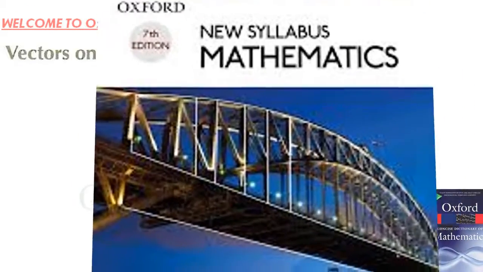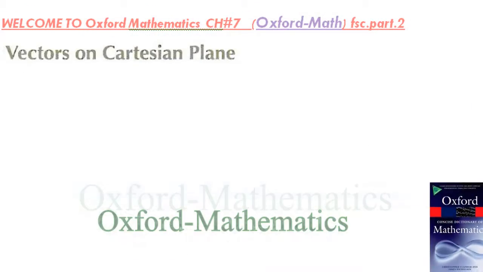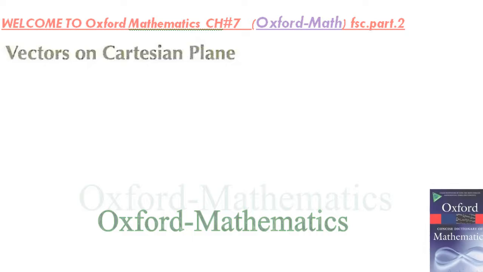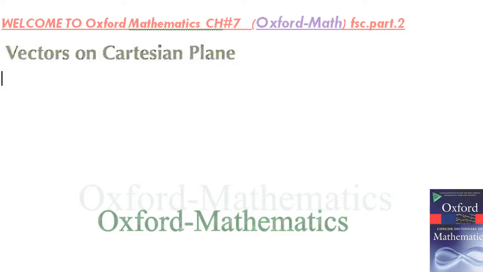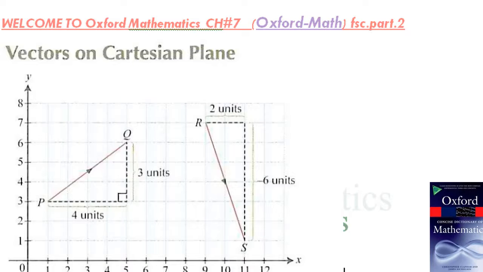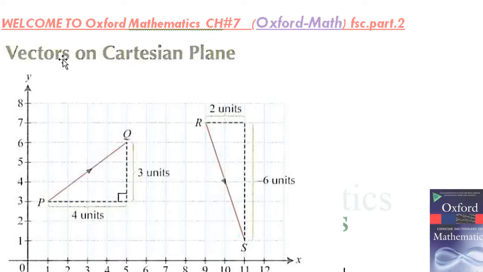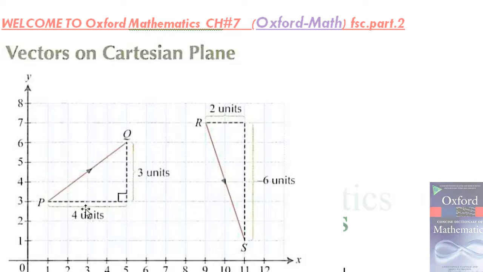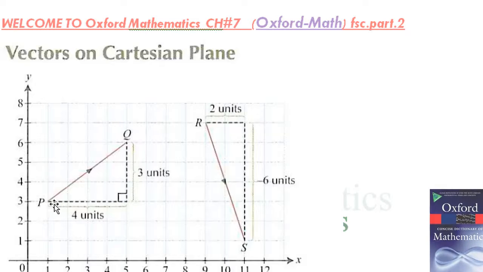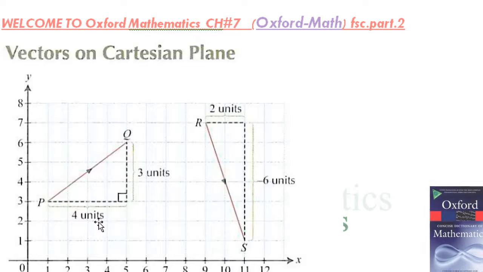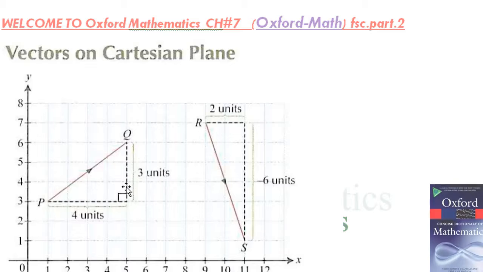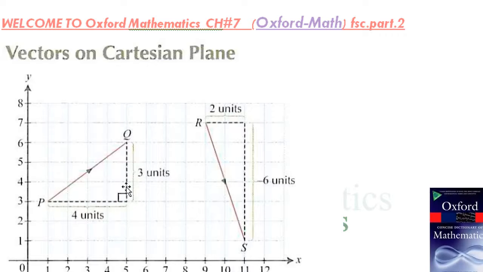Today our topic is vectors on a Cartesian plane and how to find the magnitude of any vector. First, this is an example. On the x-axis and y-axis, we have points P and Q. P is 4 units along the x-axis, and Q is 3 units along the y-axis.